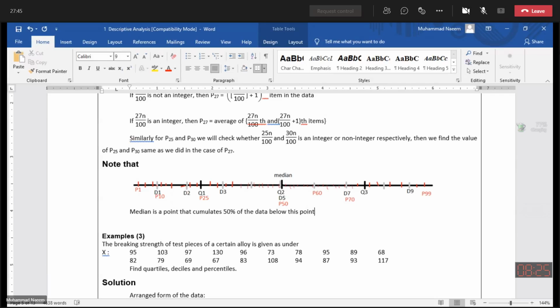If it is in descending order, then the median will be a point that will accumulate 50% of the data above this point. So no need to discuss both things at the same time. Just remember one. The other one is obvious.